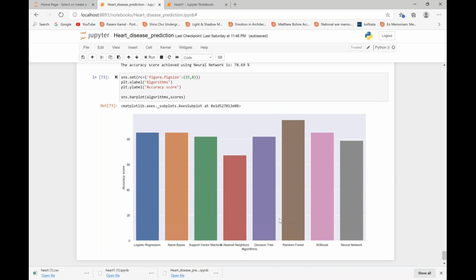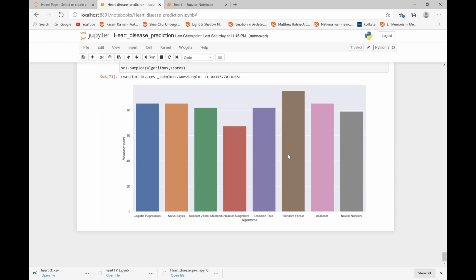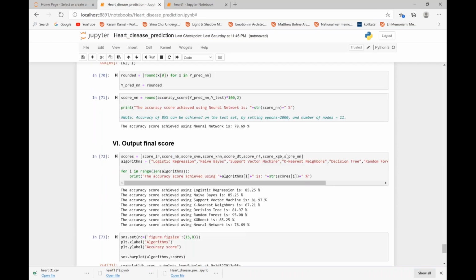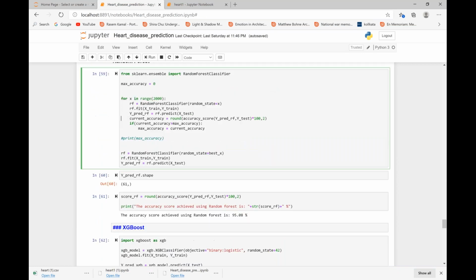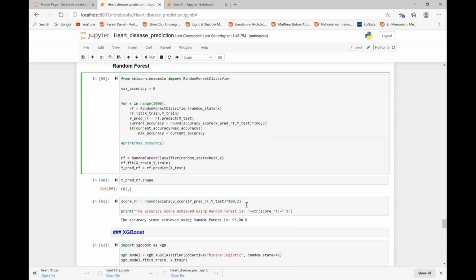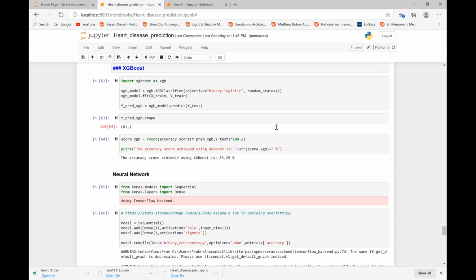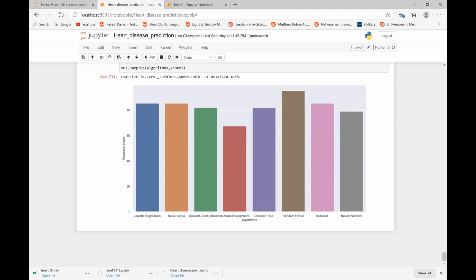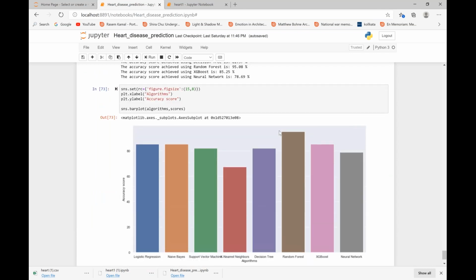But we actually observed that random forest gave us the highest accuracy rate. I can just scroll back and show you the exact accuracy rate, which is 95.08%. So we are going to conclude that the random forest classifier is the most appropriate classifier to be used to predict heart disease in a person.